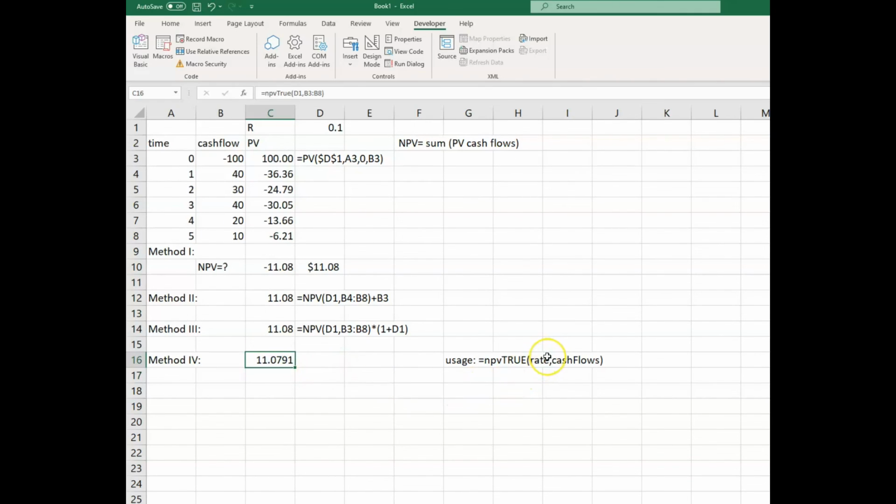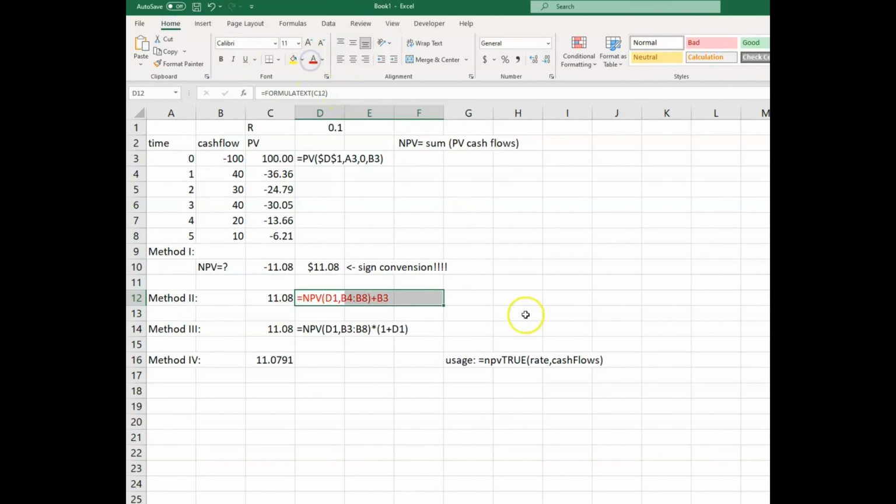So there are 4 ways to calculate NPV. In the first method, we apply the NPV definition. We calculate each cash flow's present value and take the summation, so be careful about sign convention. The second is the most used method: we simply apply the NPV function.